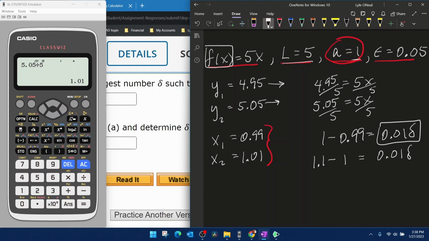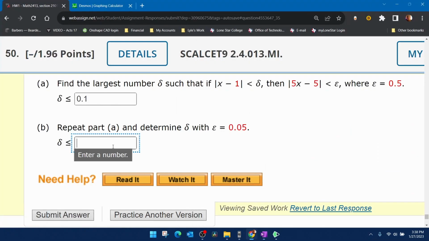And can you guess this one's going to be the same? Because now we're changing this to 1.01, minus 1 is just going to leave us 0.01. Again, since these are identical, neither one is smaller than the other. And so that would give us our delta for this second situation.